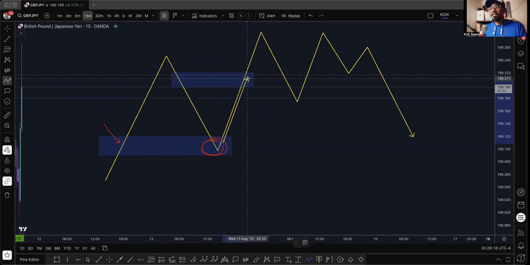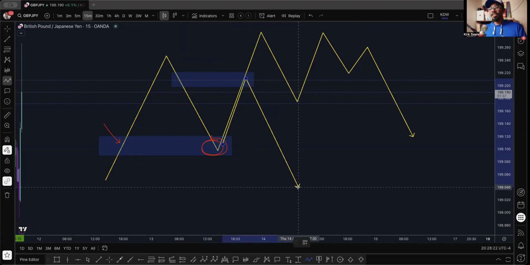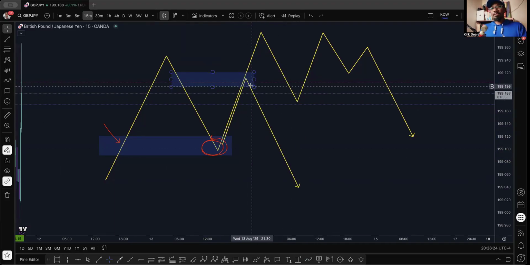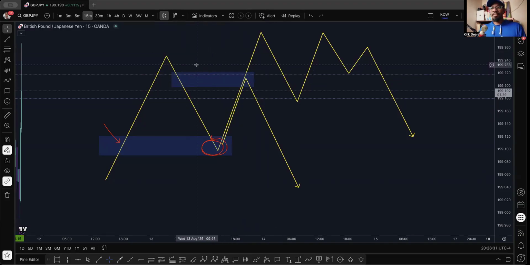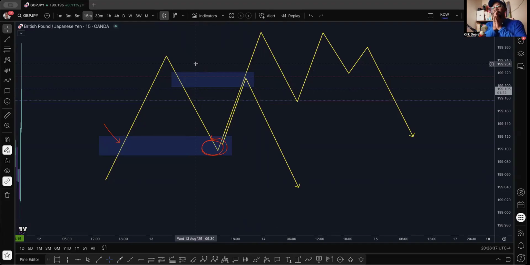Our take profit is always in a place where price could change direction. In the event that it doesn't change direction, then we go to another area that it could change direction. That would be a lot more in depth for me to explain.